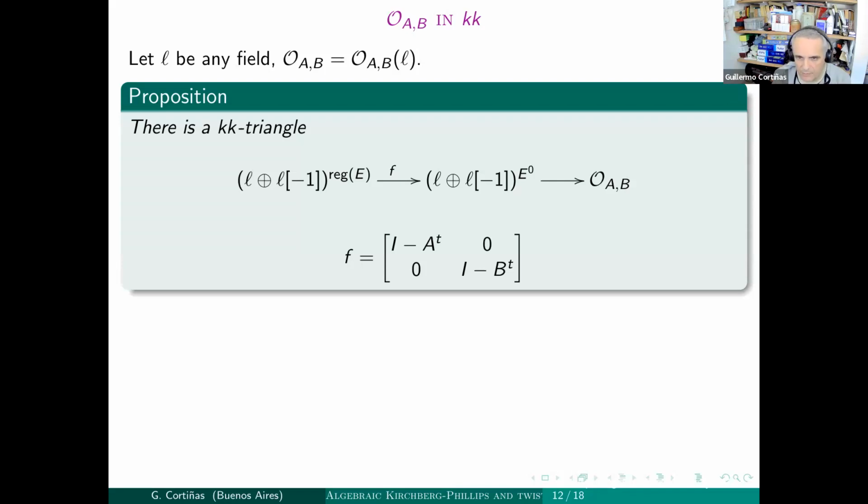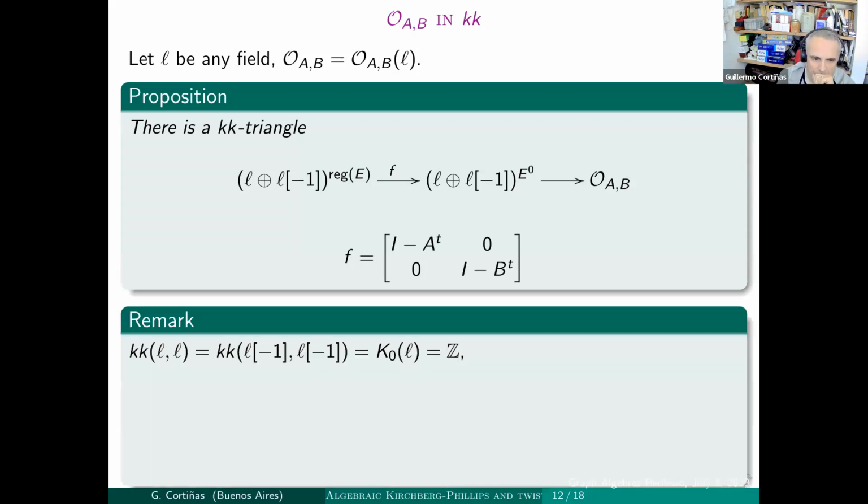But it's not as satisfactory as before. This makes sense because KK of L, L and KK of L minus 1, L minus 1 are both the K0 of L, which, if L is a field, is the integers.